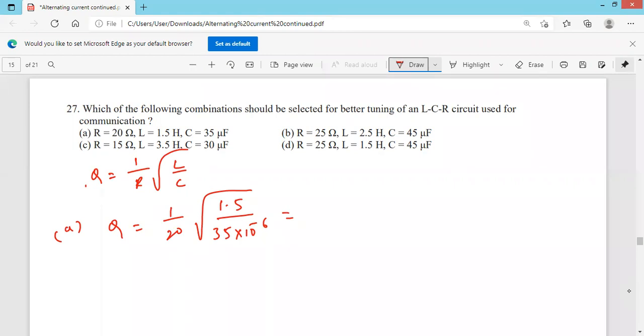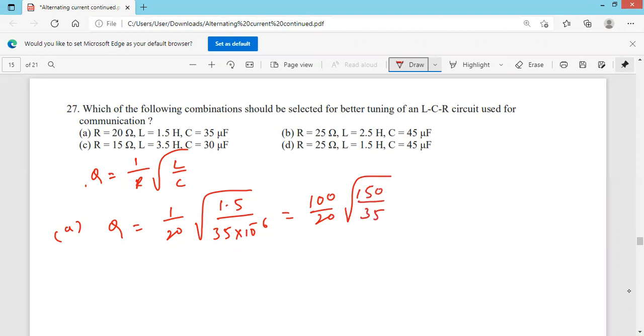Multiply and divide by 100, then it becomes 150 by 35 into 10 power minus 4. 10 power minus 4 comes to the numerator, it becomes plus 4. Taking the plus 4 outside, it's 100. Therefore we can write it as 100 by 20 into square root of 150 by 35.